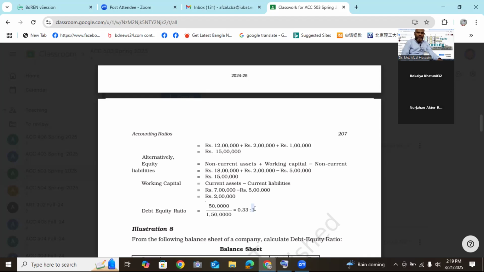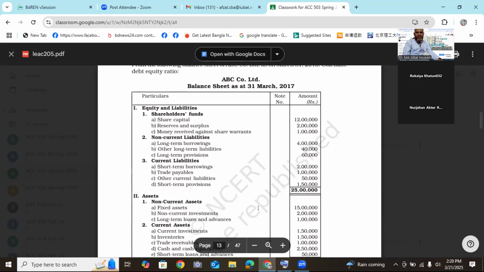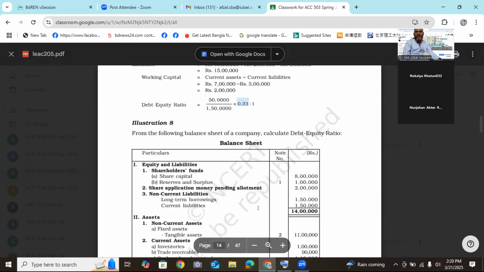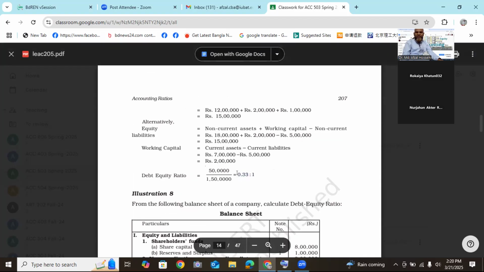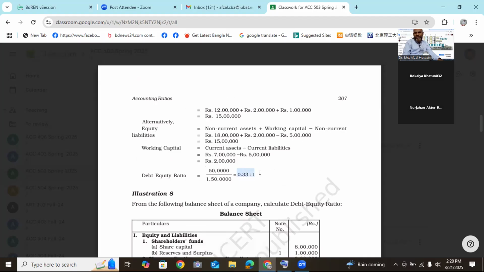Have you got this problem? Yes, sir. That means your long-term debt is 33% against your shareholder equity. So how do you think, is it good or bad? How do you interpret this result?